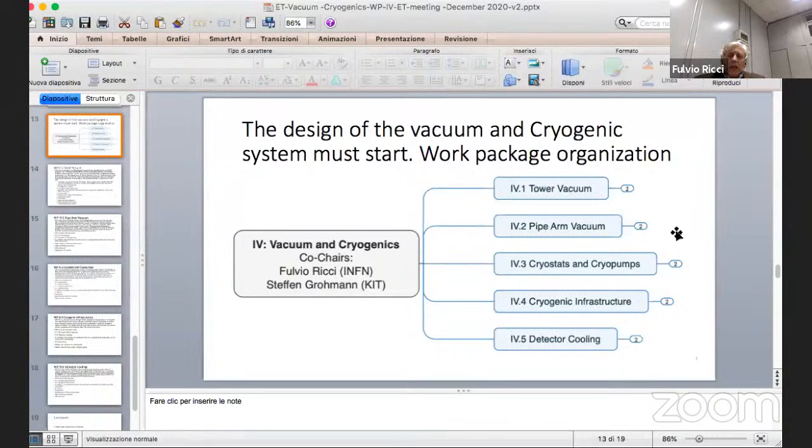By the way, the idea that we have in this work package is to try to give our contribution in setting up a new chapter of the design of this detector, but the second outcome should be a definition of a coherent R&D plan, because in my opinion, if we want to advance, we need a coherent R&D plan.